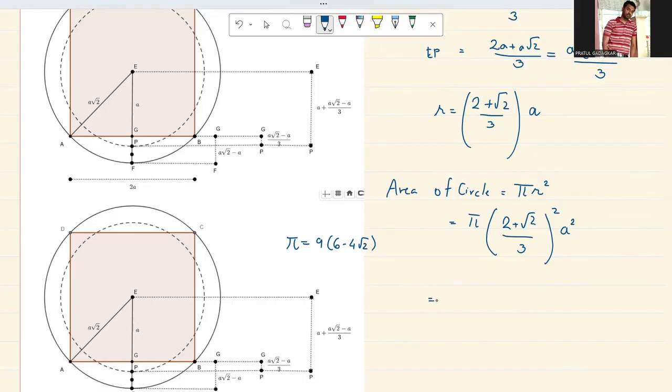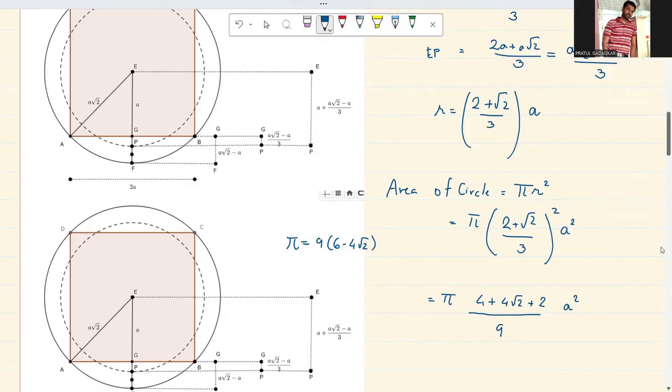Let me just simplify this. So this is pi into, when I simplify, this whole square will have 9 in the denominator. The numerator will be 4 plus 4 root 2 plus root 2 square, which is 2, and the a square is as it is.